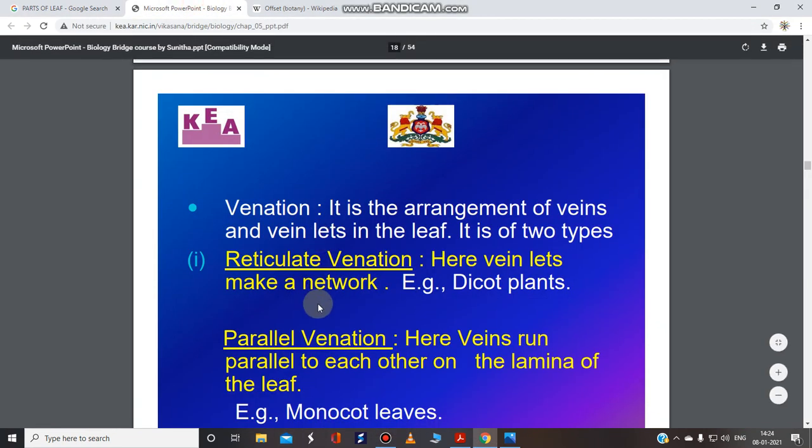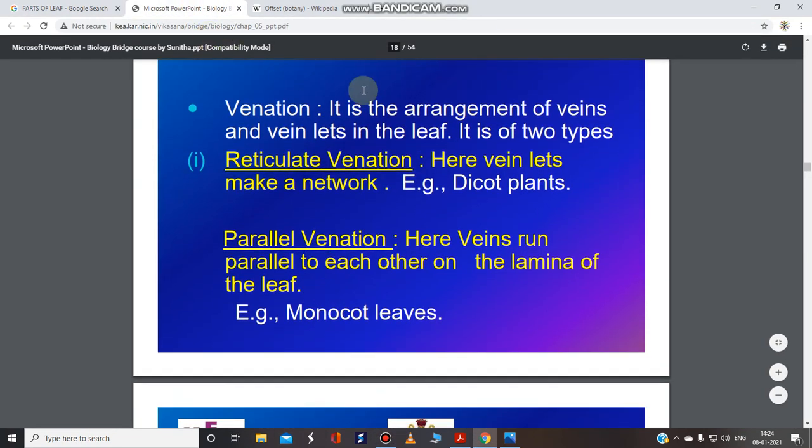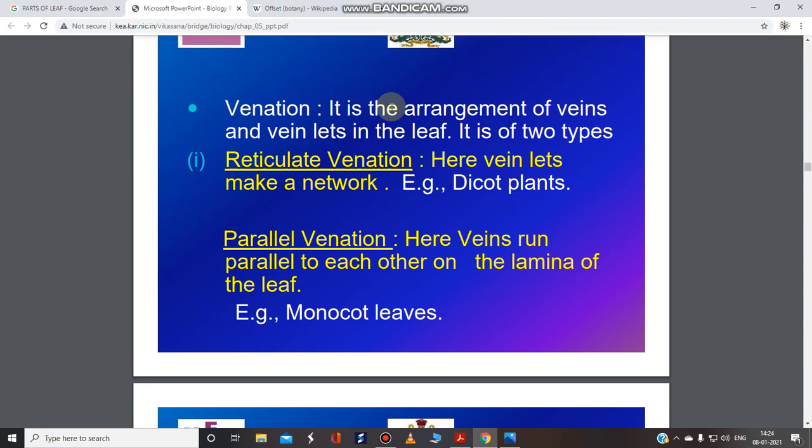So let's focus. What is venation? Venation is the arrangement of the veins. अभी हमने देखा जो veins थीं and vein islets in the leaf.